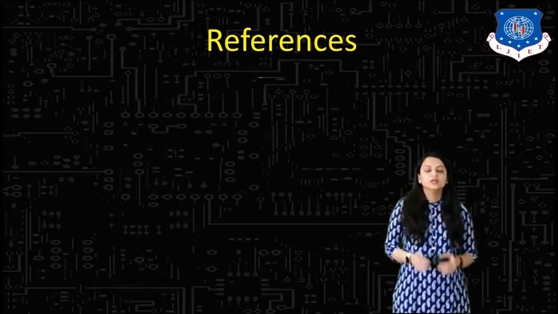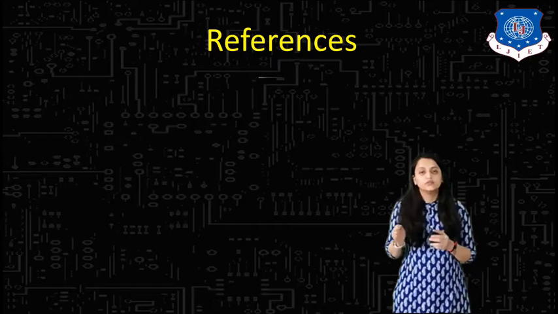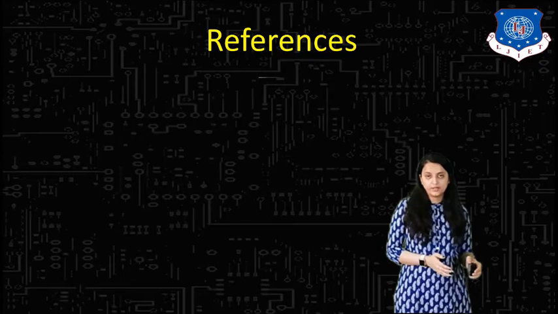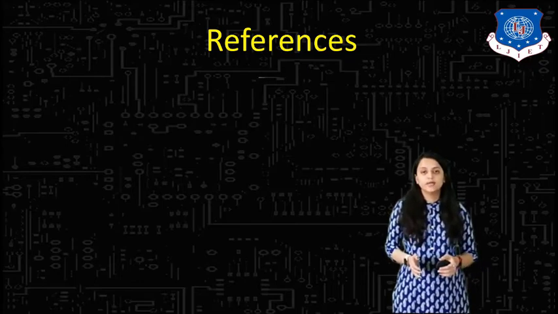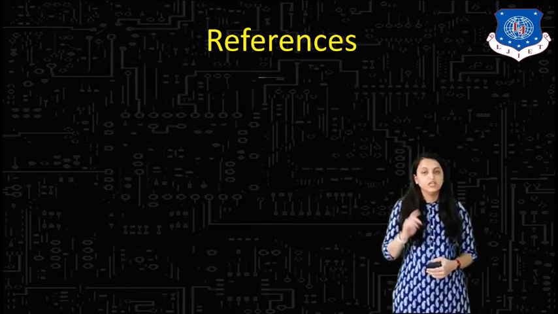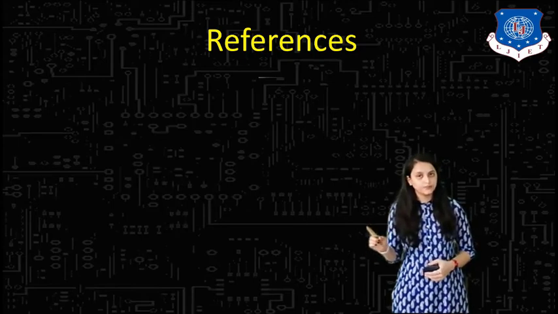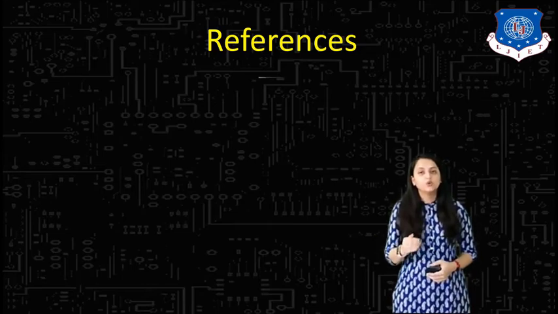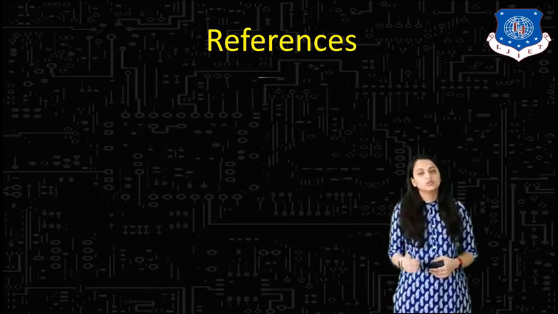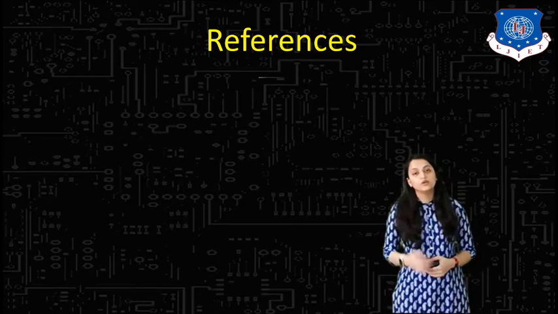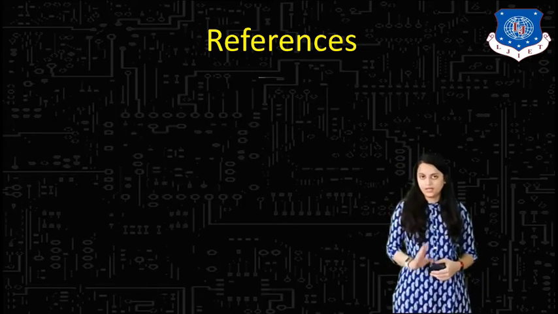The biggest difference between the conventional comparator and the Schmitt trigger or regenerative comparator is that in regenerative comparators we have positive feedback, and according to the 2 reference voltage levels, VUT, the upper threshold voltage, and VLT, the lower threshold voltage, we will have the output voltage waveform. So we will also get a square wave output for the sine wave input, but according to the 2 reference voltage levels, VUT and VLT.